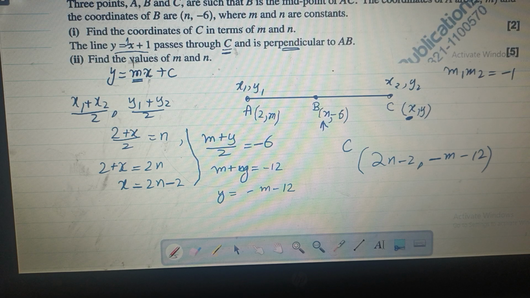This m is having value 1, so I'm putting 1 over here, and m2 is still there for AB, and m1 m2 is equal to minus 1. So by taking the gradient of AB, I will put it equal to minus 1, and then simultaneously both of those equations will be used, and m and n values can be calculated. Okay. Alright, you can do this 5 marks part.